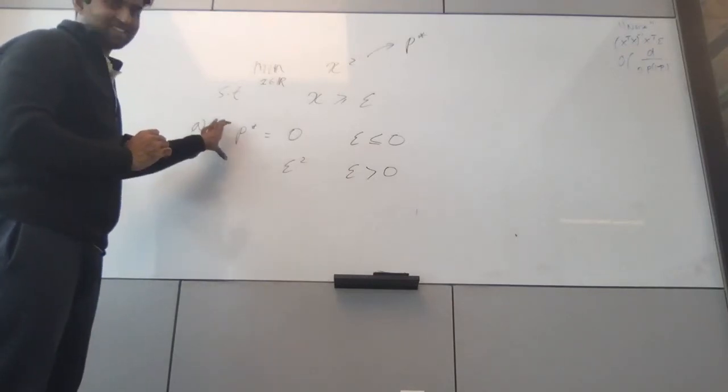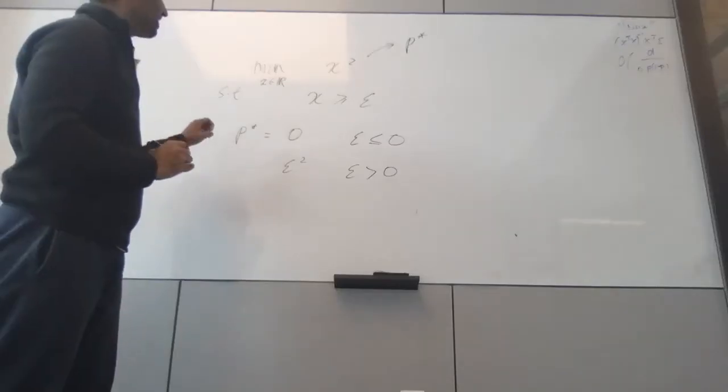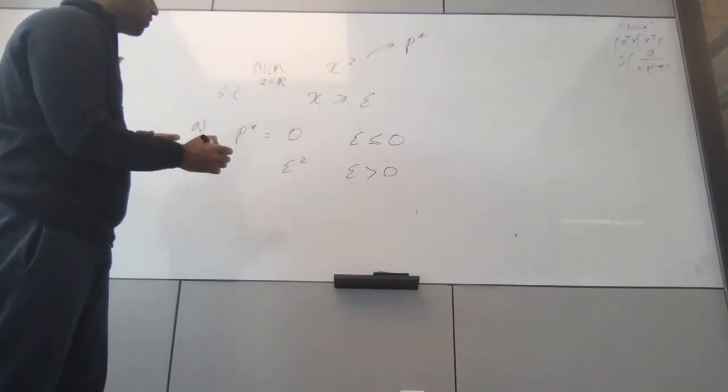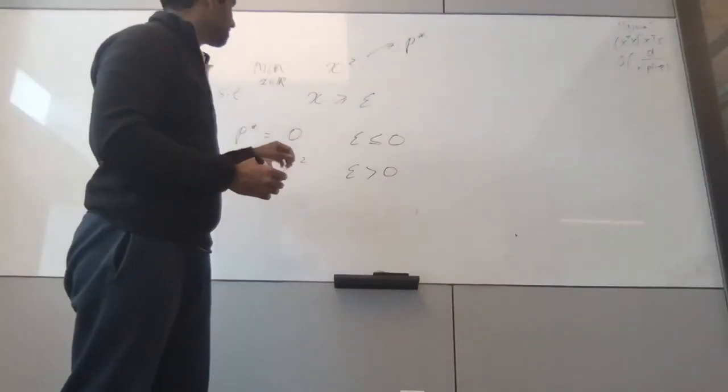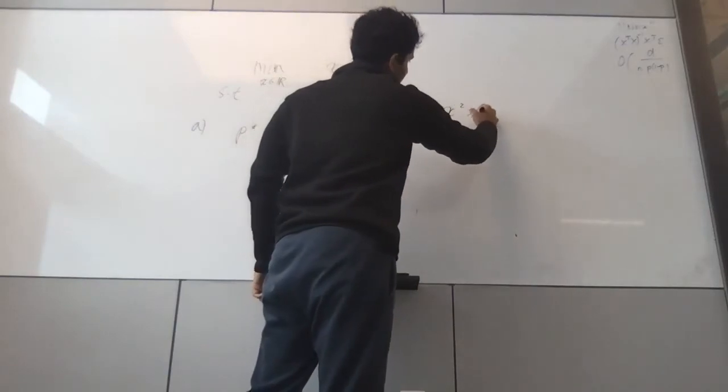Why is this the right answer? Since we're just looking at a parabola. Maybe one way to do it is that x squared is a positive function over the real numbers, so x squared is always greater than or equal to 0.